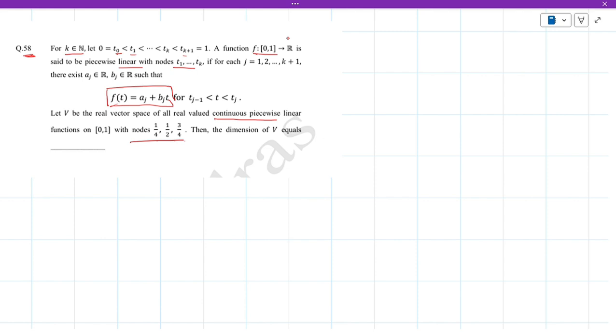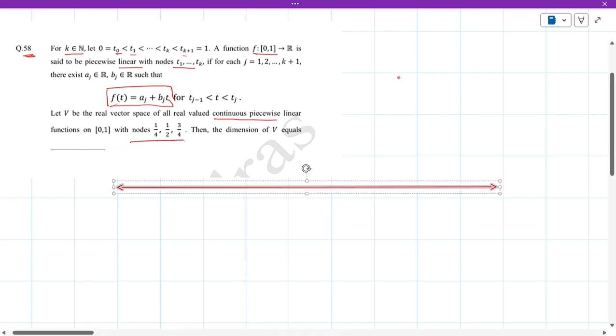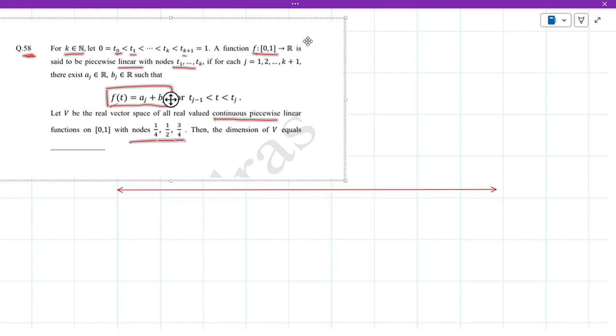Firstly, we plot a line for clarity. If I draw a line, suppose this is your line, right? Now I'm mentioning this is your interval.